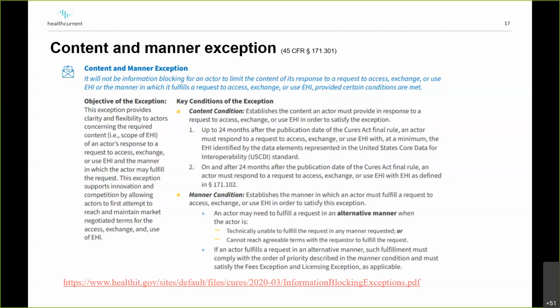And on the technology side, there's actually an order of priority for how you can technologically fulfill the access request. So look to the rule for that order of priority. And if it comes down to an issue of you guys not being able to reach agreeable terms to satisfy the request, well, you can look to the fees exception and the licensing exception, or you can look to the infeasibility exception.